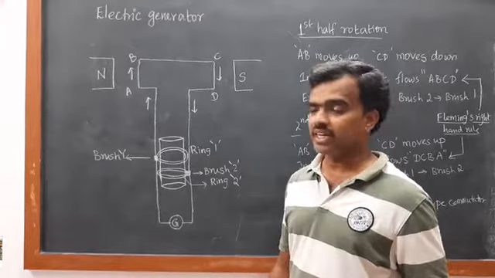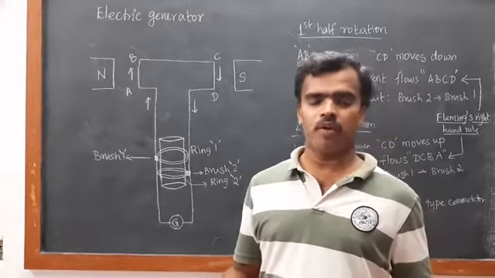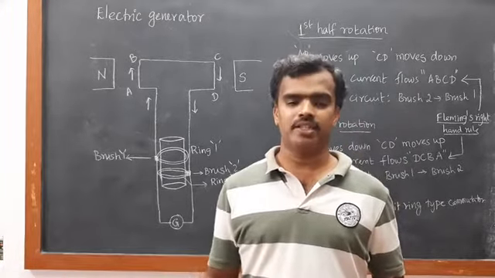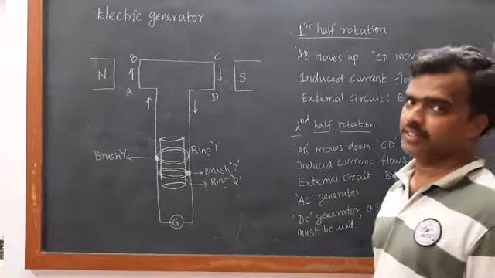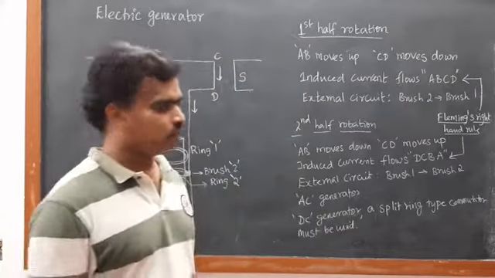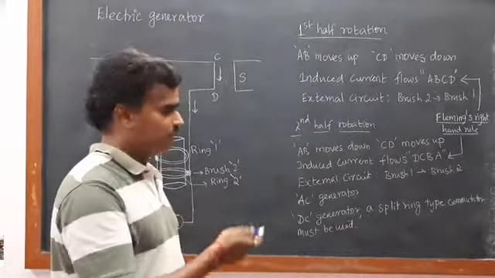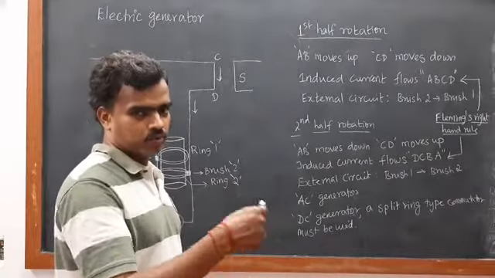They are fixed at the commutator. Therefore, there is no change in the polarity of current. We will get the current only in a single direction. That's why we say DC current or unidirectional current, the current that flows in one direction. But in an AC generator, the current flows in two ways, up and down, right?